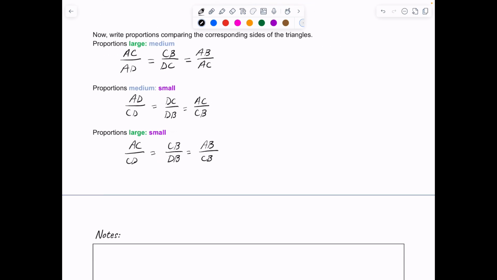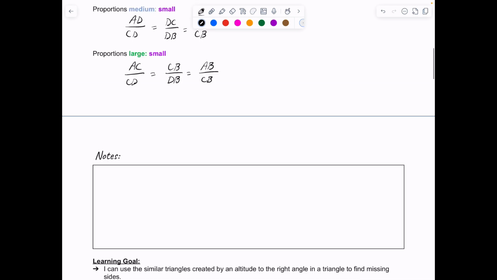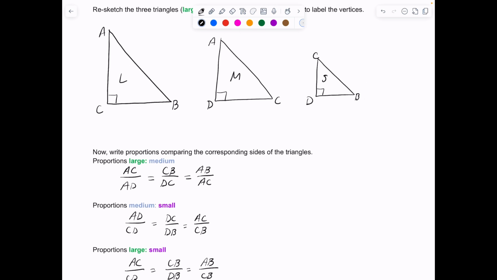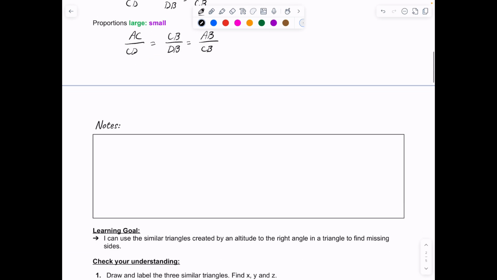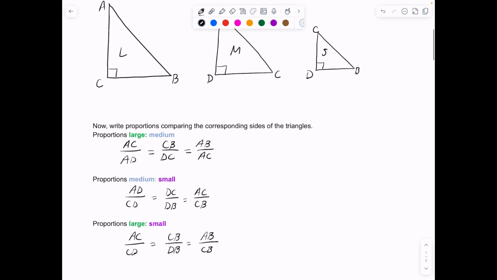Now, because we know these are similar triangles, in this notes box, I'm going to write that triangle similarity. I'm going to go from large to medium, medium to small, then I'll do large to small. So triangle ACB is going to be similar to triangle ADC.